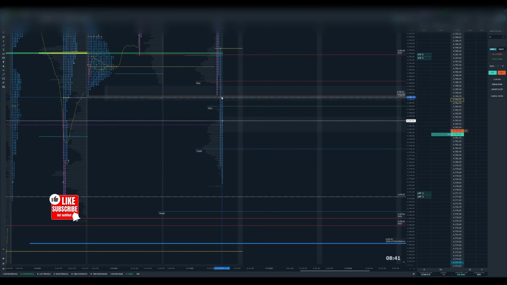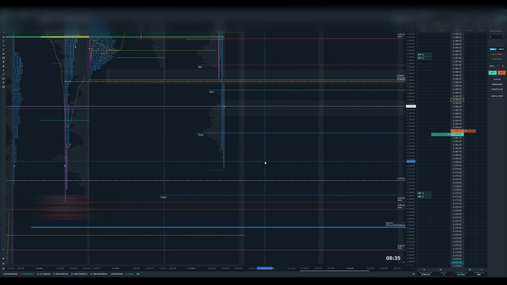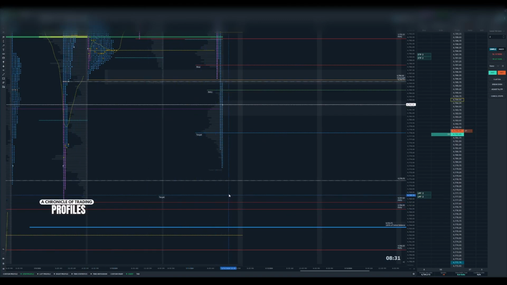And I was also filling these singles on the D period. And then I would be looking down here at this low. So at about 68.50.